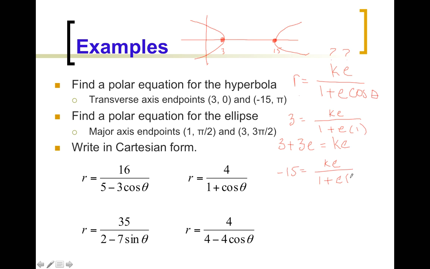Cosine of pi is negative 1. If I cross multiply, this gets a negative 15, and this is a minus 15 and a minus e, so it's actually plus 15e equals ke. Well, you'll look at here and go, hey, look at that. I have 2 ke's. That means these two things are equal.